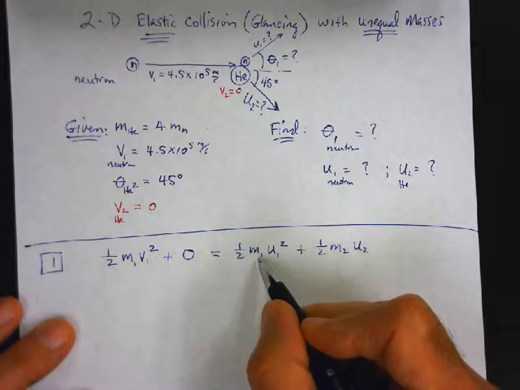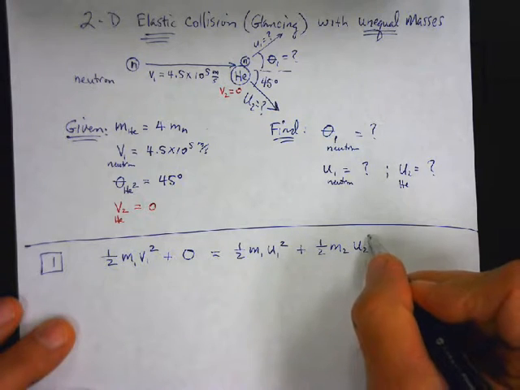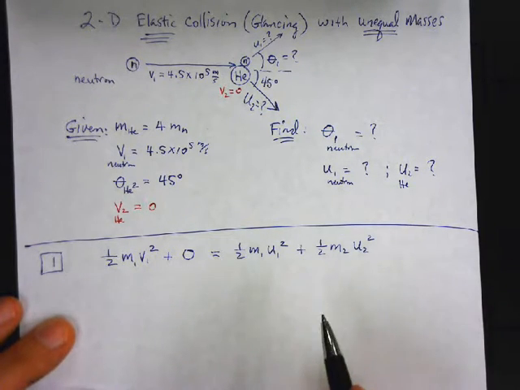Alright, so m1 refers to the neutron, m2 refers to helium.